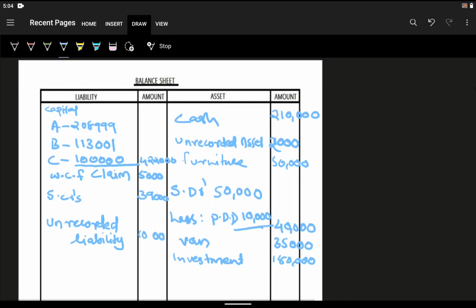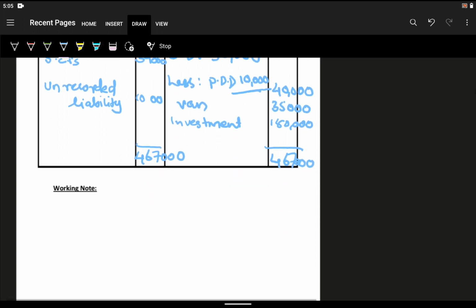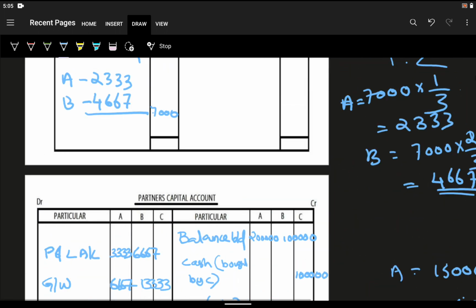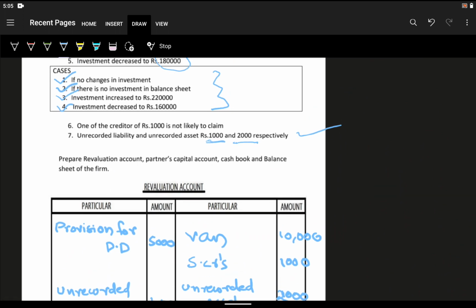So we did everything, we distributed everything, and the total of the balance sheet is 4,67,000. Okay, this is the answer. So we did everything, and whatever possible question will be coming, instead of each and every adjustment, that also we discussed. So be thorough with this question 100%.